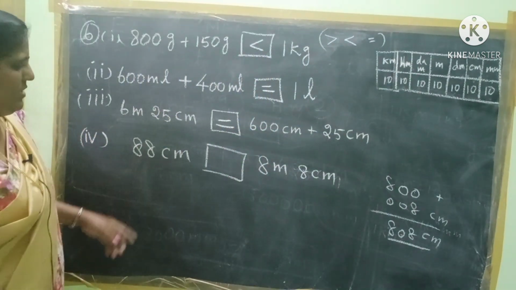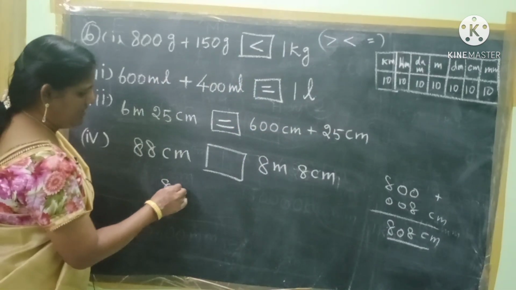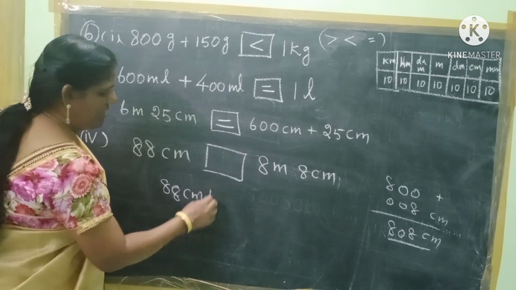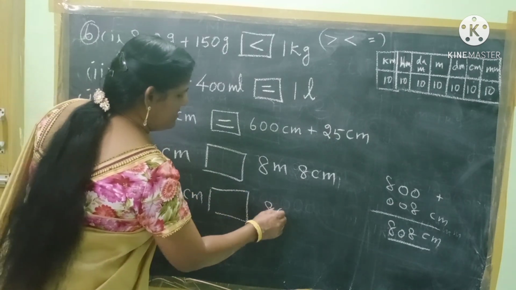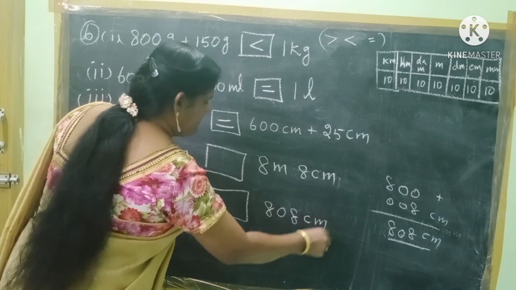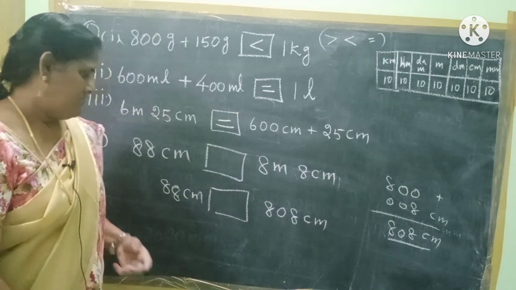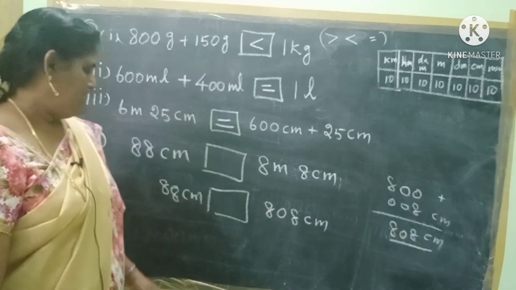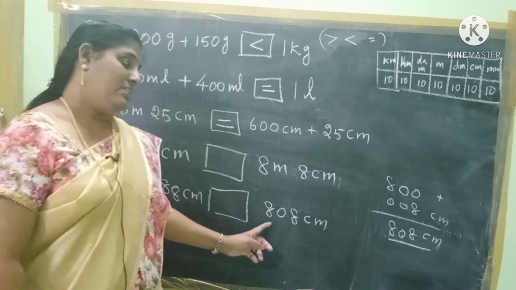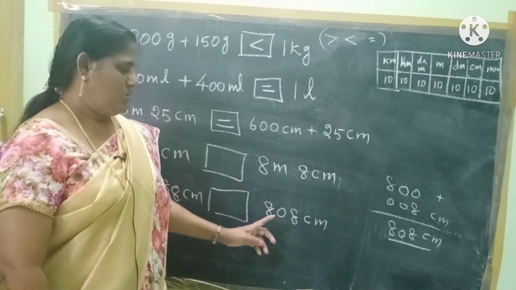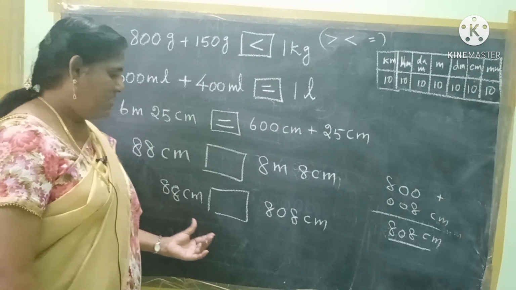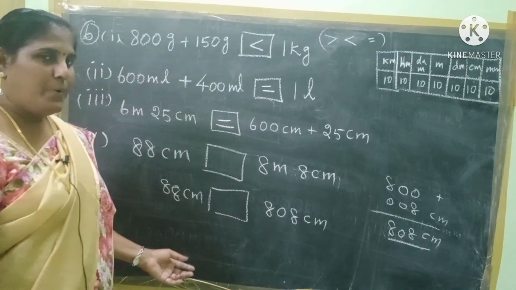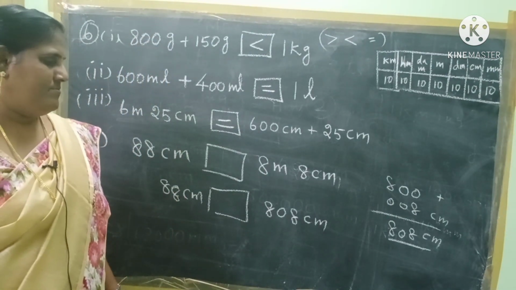See, so is 88 centimeter equal to 808 centimeter? Not equal. If we compare both, which one is greater?